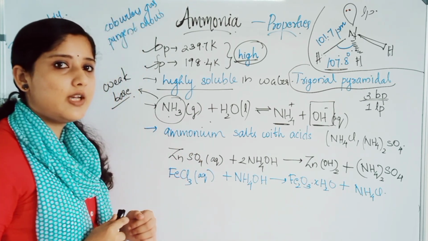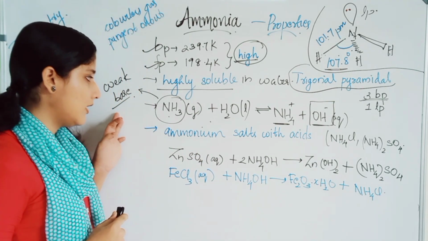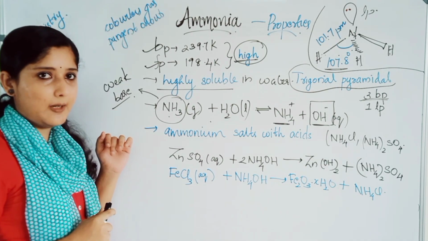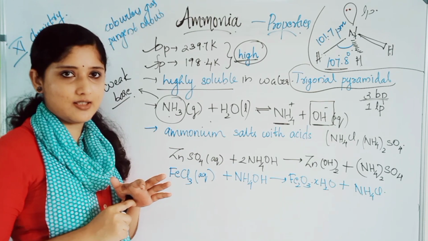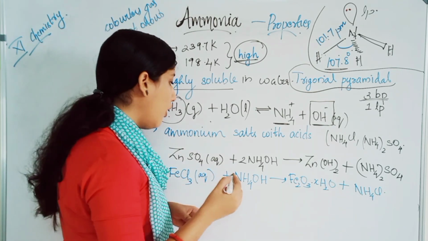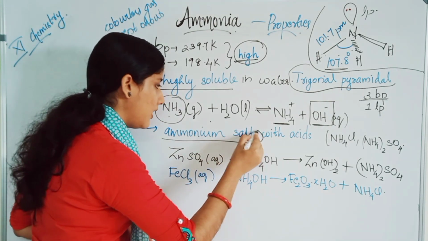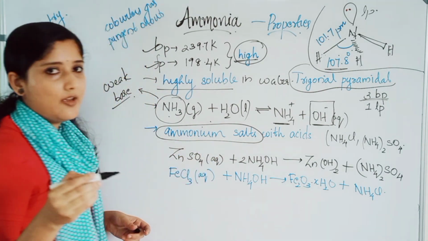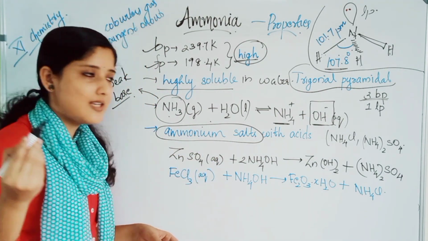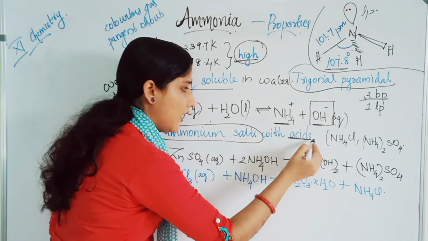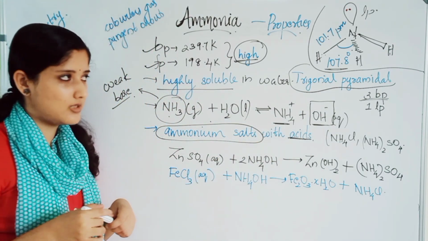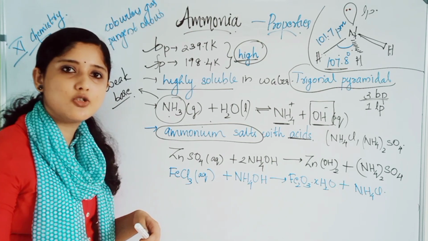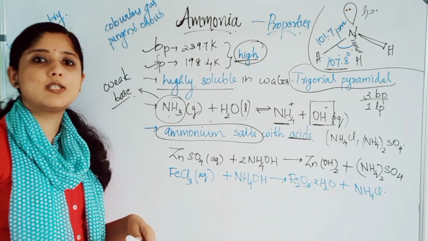Ammonia reacts with water to form hydroxide ions, so it is weakly basic, a weak base we can say. And ammonia reacts with acids to form ammonium salts.